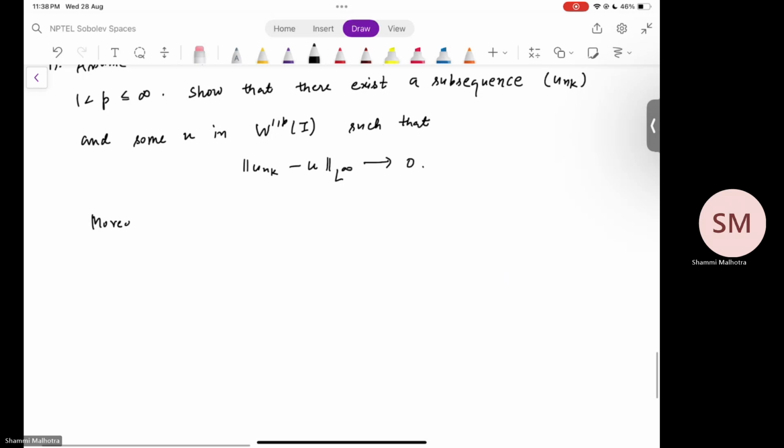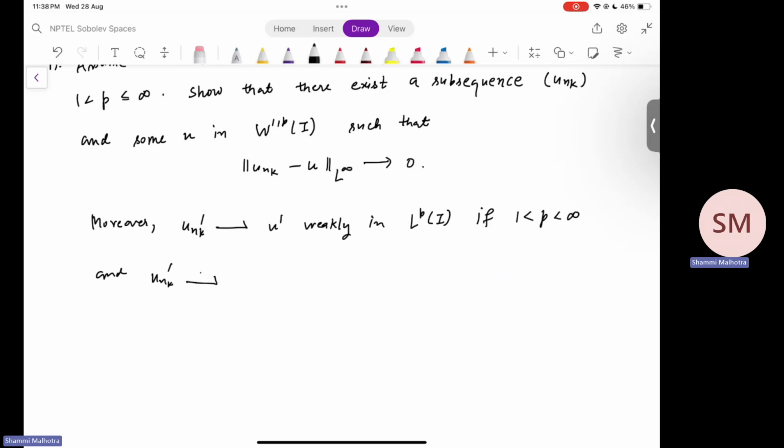Moreover, u_{n_k}' converges weakly in L^p(I) for 1 < p < infinity, and u_{n_k}' converges weak star to u' in L^infinity(I).